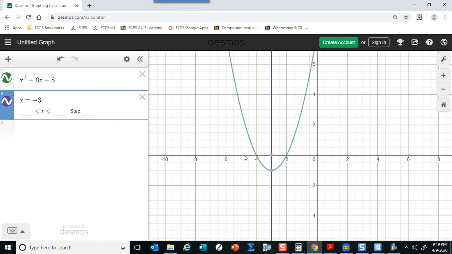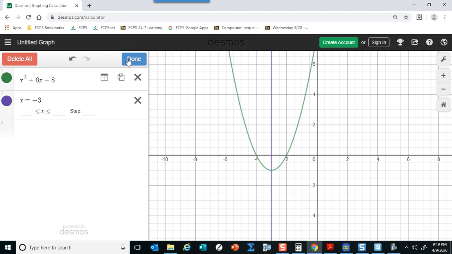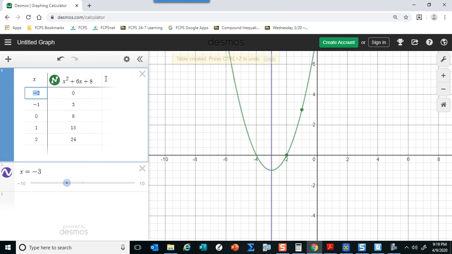I need 2 points to the left and 2 points to the right. Click on my function, edit list, convert to table. There are my 5 points, and my solutions are -4 and -2.